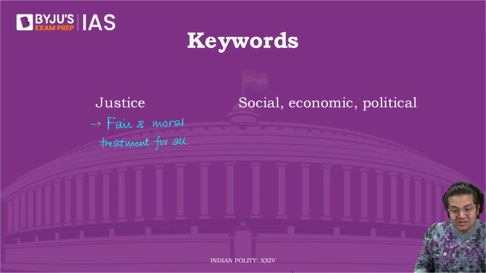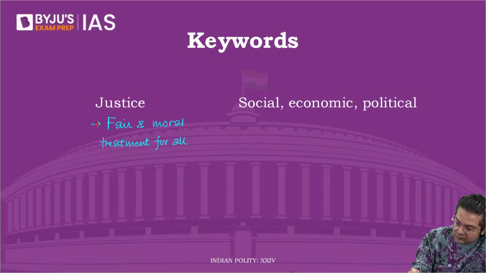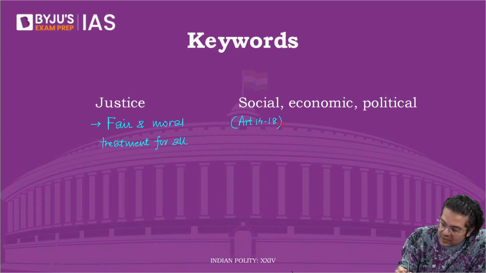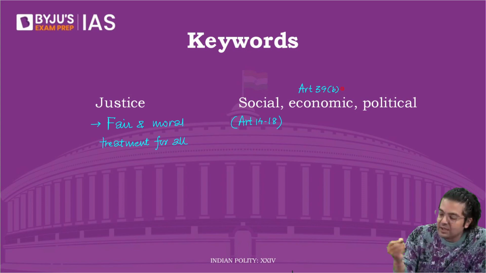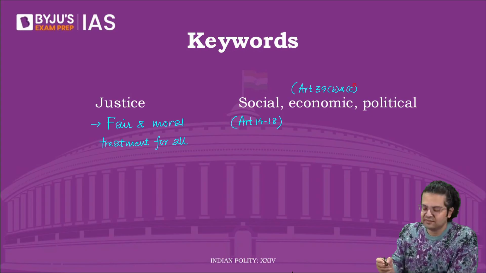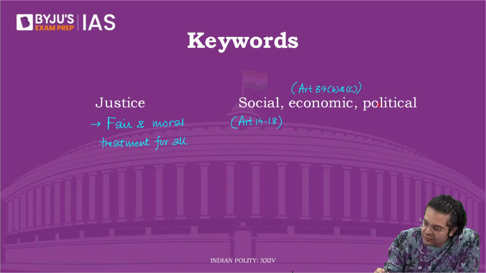So we have social justice, non-discrimination, Articles 14 to 18. We have economic justice, Article 39B and C, DPSPs in general. And we have political justice. The idea of UAF.